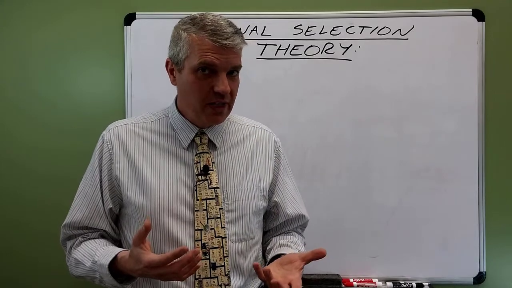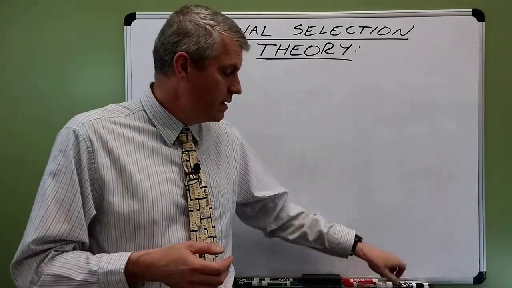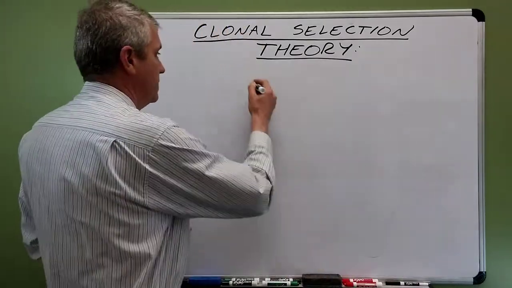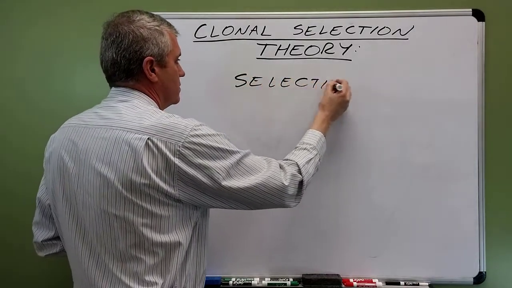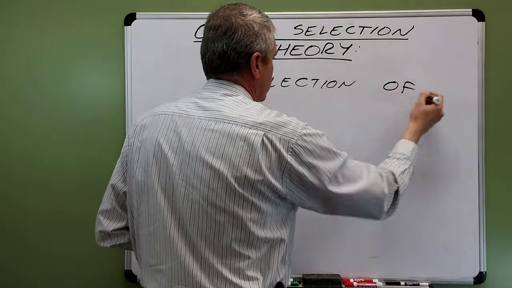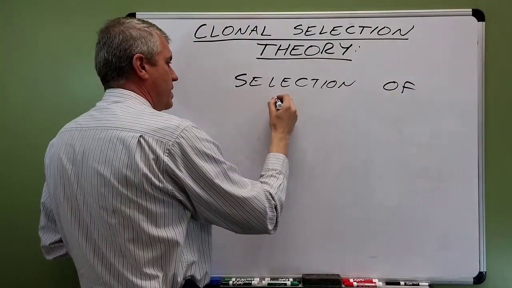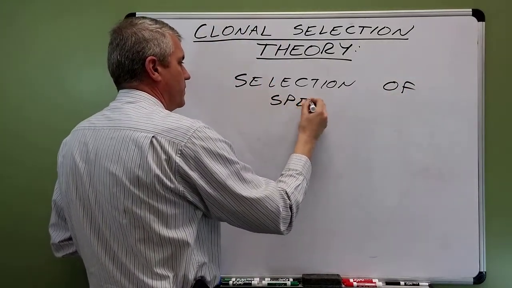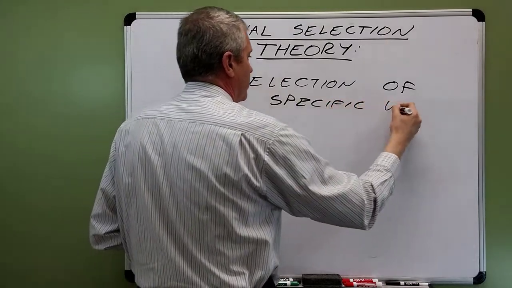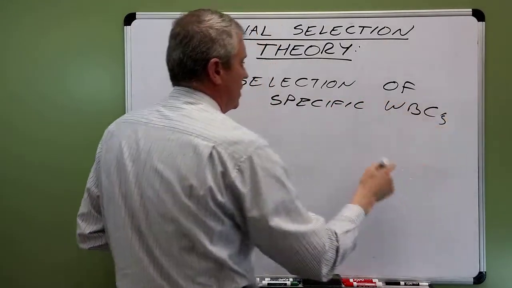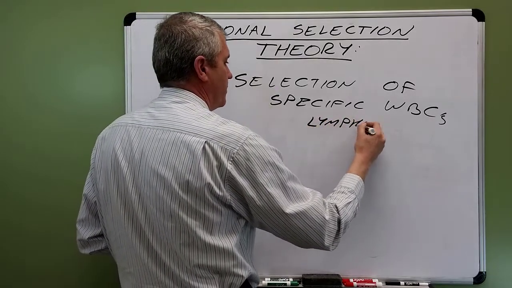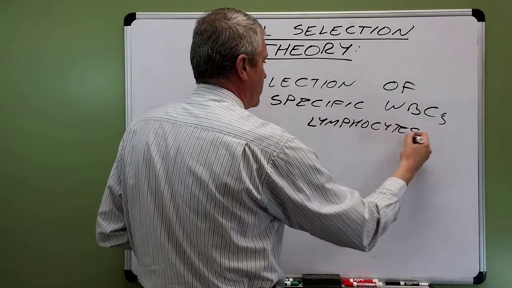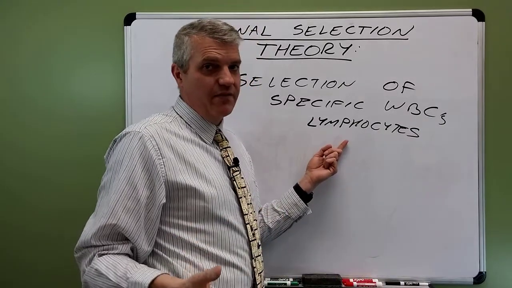Broadly, here's what clonal selection theory is. It's basically the selection of specific white blood cells, and these white blood cells are lymphocytes. Lymphocytes come in different varieties.